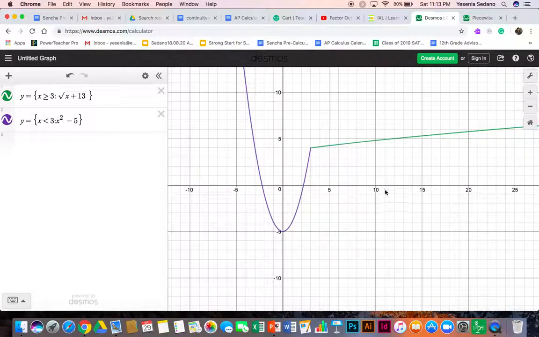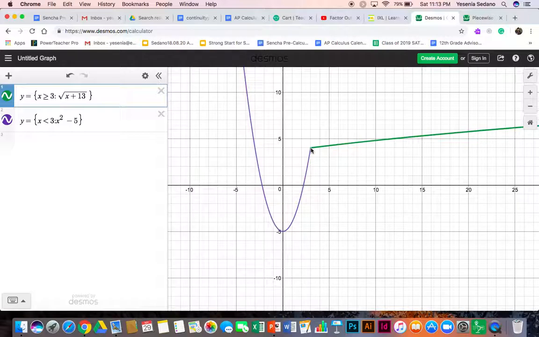As you notice, the limit from the left side, that's the purple function, is 4. This purple function is approaching 4. It's not defined at 4, but it is approaching 4. And over here on the right side, the green function is also approaching 4.